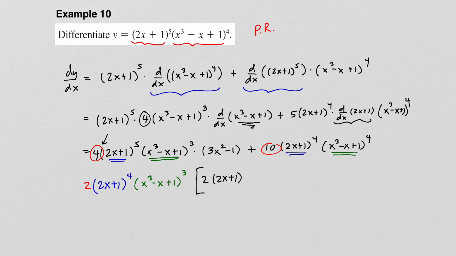And then don't forget we also had 3x squared minus 1. When you take a 2 out of 10, you get a 5 left over. When we pull 2x plus 1 to the 4th power out of 2x plus 1 to the 4th power, that's completely gone. And here we took out 3 factors of this, so we should have 1 left over here.